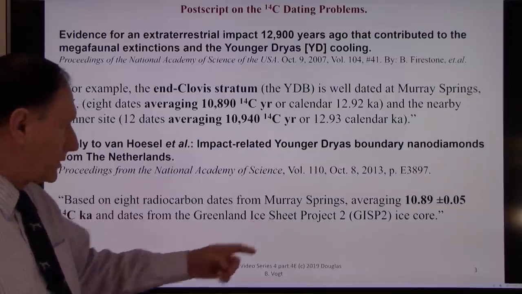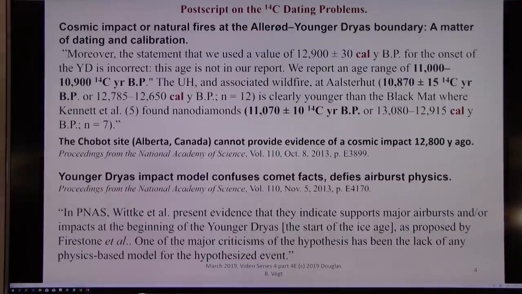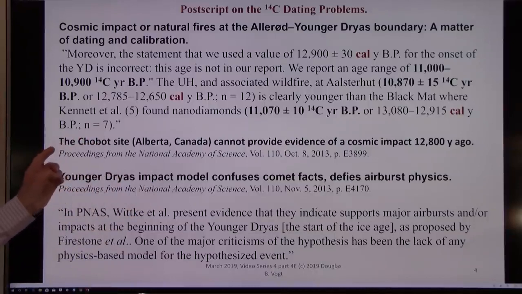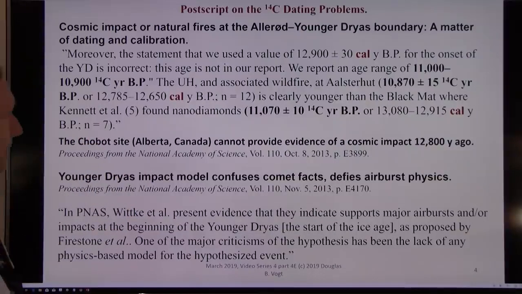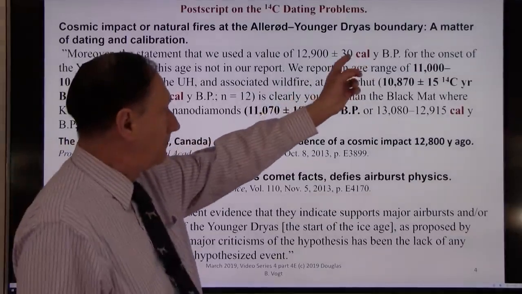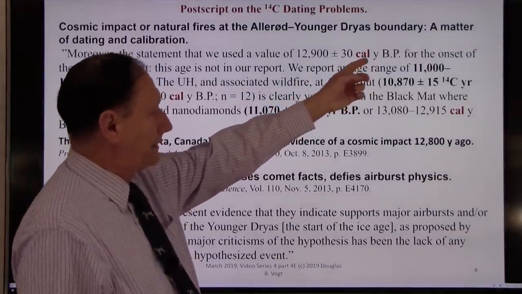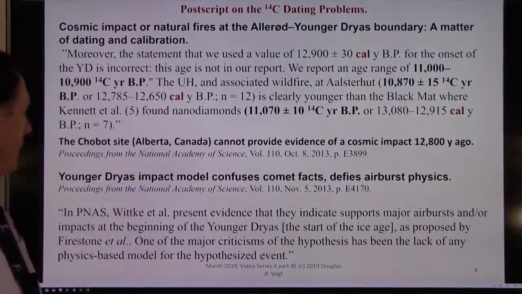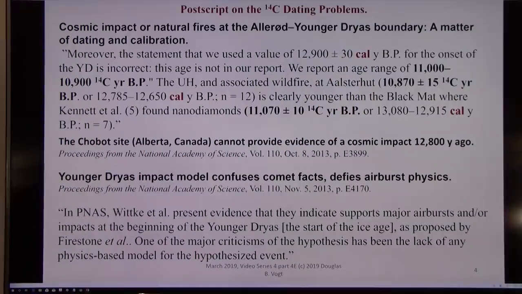And Greenland ice sheets and stuff like that is where they got the ice cores. Cosmic impact or natural fires at the Younger Dryas boundary, a matter of dating and calibration. Moreover, the statement that we use a value of 10,900 plus or minus 30 cal, that's that new measuring where they take a carbon-14 dating and massage it to come up with a higher number, for the onset of Younger Dryas is incorrect.